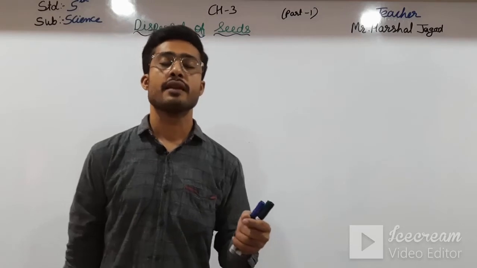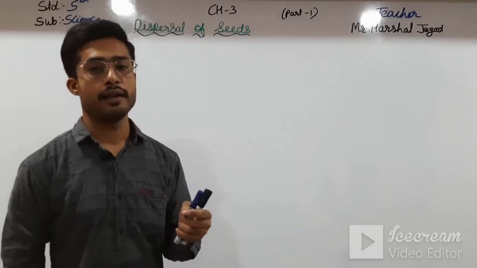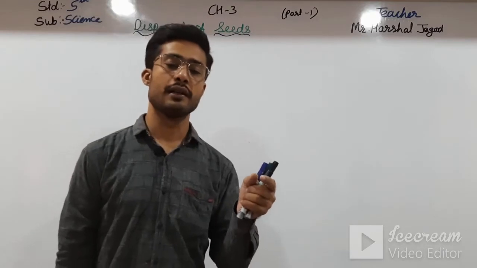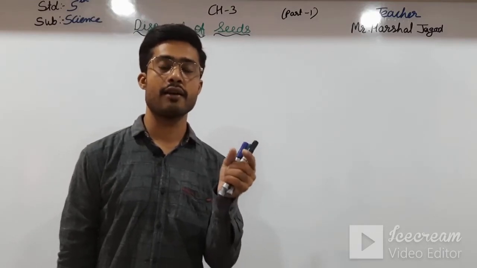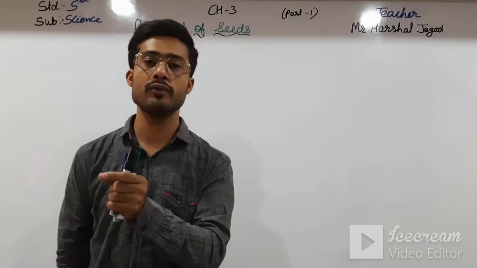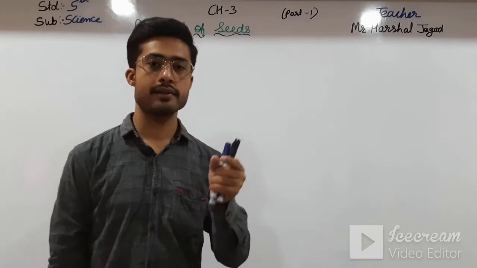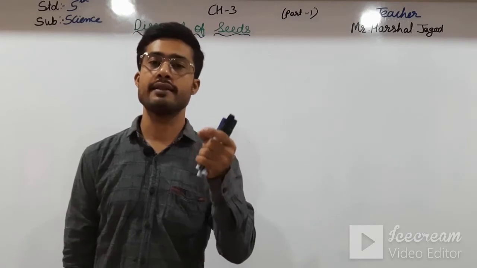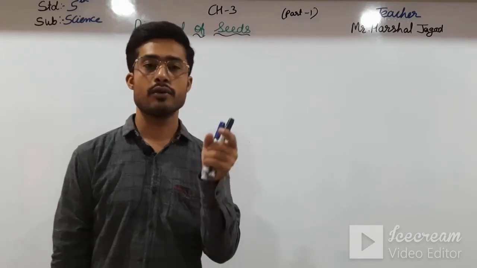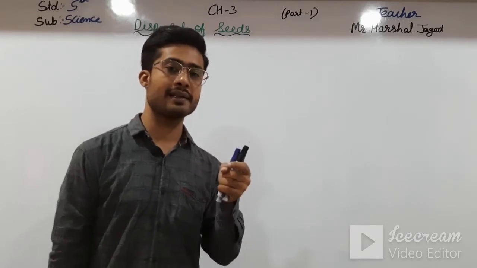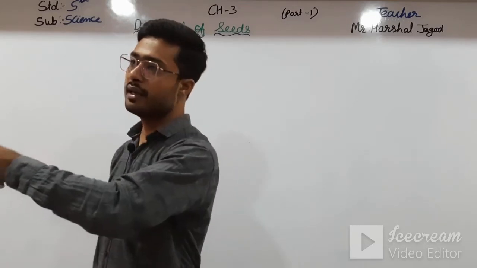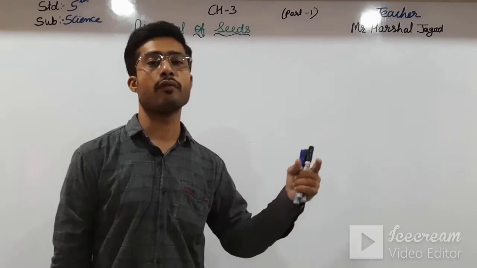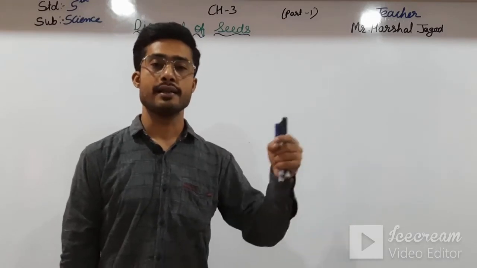Means if we have grown a plant, it makes a flower, which is further converted into fruit. Okay students, and in that fruit there are one or more seeds inside. By taking out that seed and cultivating it elsewhere, it will grow the same plant from which we have taken the seeds.